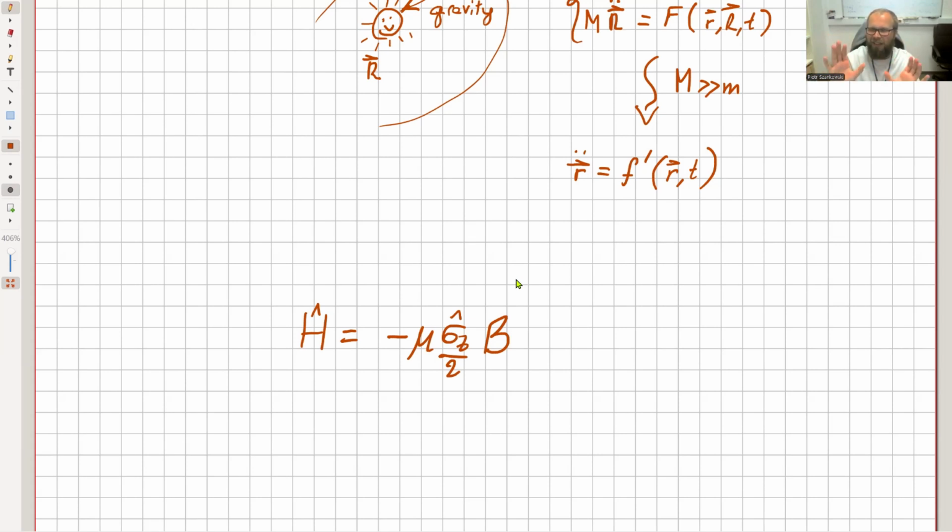This is essentially what open system theory does. This is what it's supposed to do. This is what it's designed to do, right?